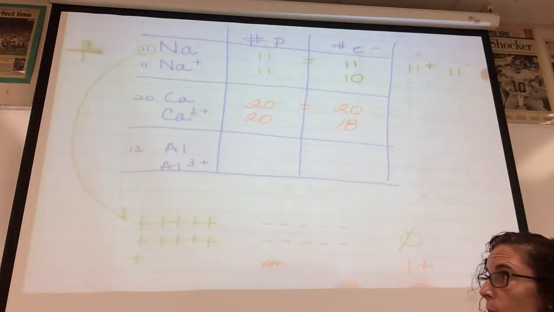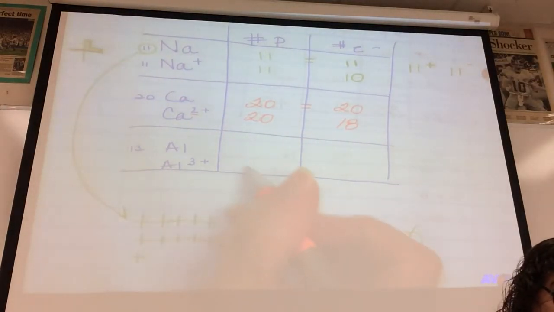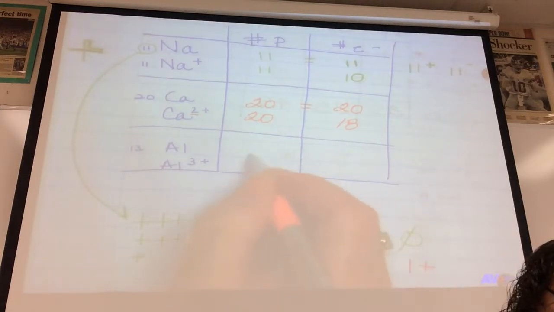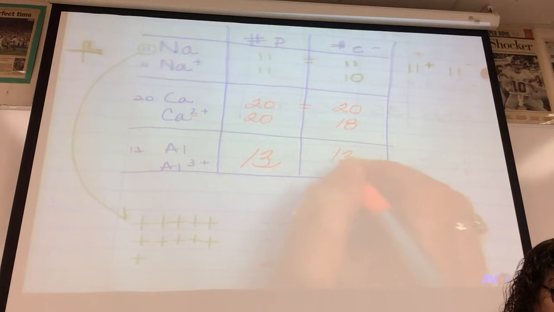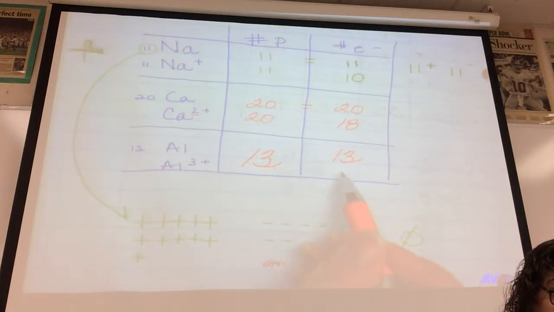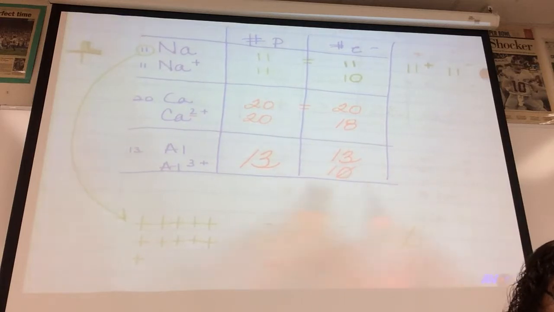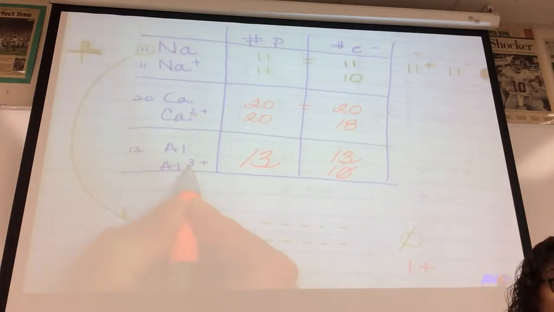What about aluminum? How many protons? 13 for both, because that's not going to change. The atom will have 13 electrons, but the ion has how many electrons? 10 is correct, because it has lost 3.